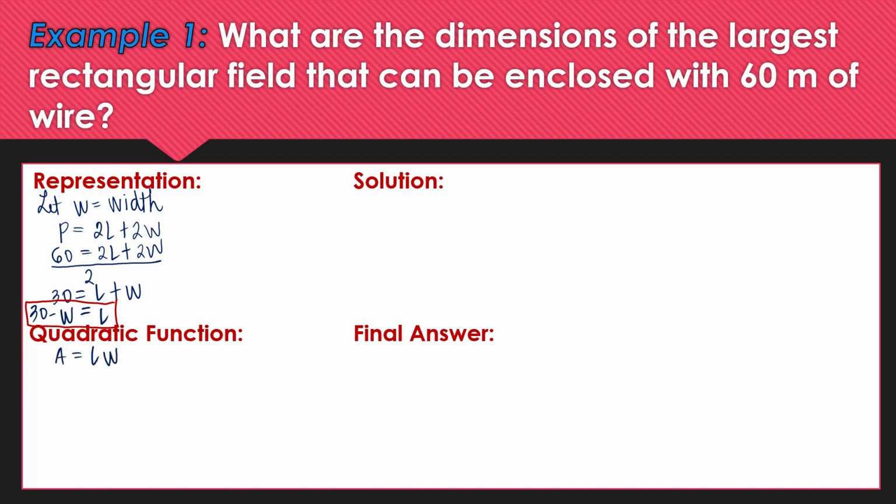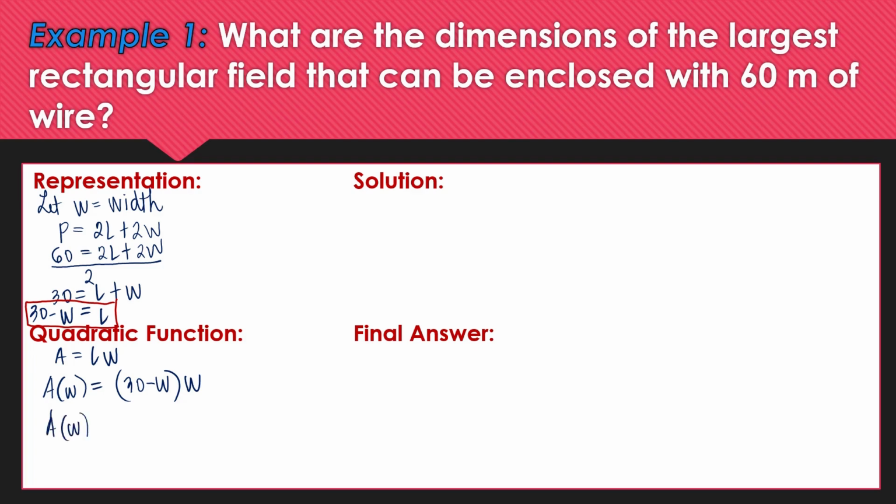So we can say that the area as a function of W is equal to the length, 30 minus W, times the width, which is W. I wrote A, area as a function of W, because our representation for the width and the length uses the variable W. Let us arrange the quadratic function in general form.